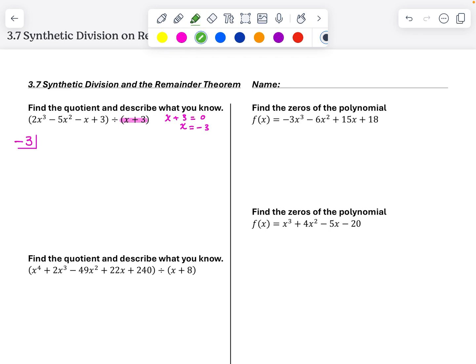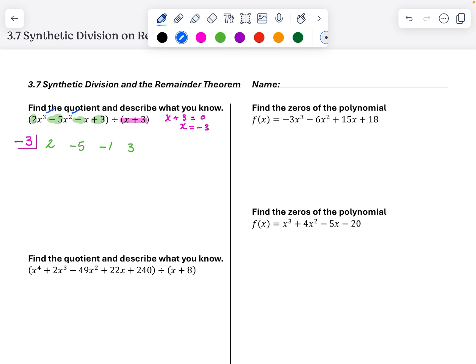Then we are going to take the coefficients of the dividend and write them right beside that. So we have a 2, a negative 5, a negative 1, and a 3. And we do want to make sure all of our powers are present.